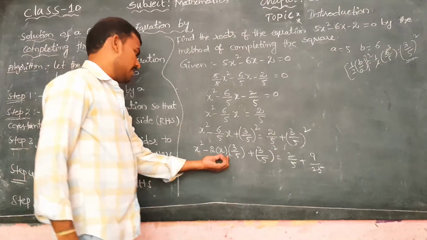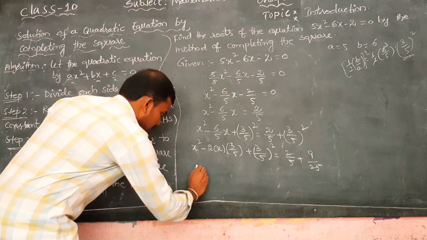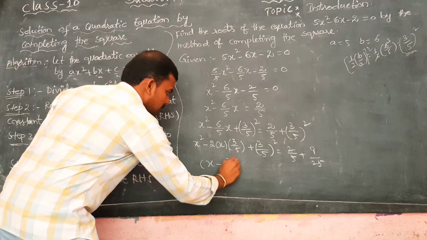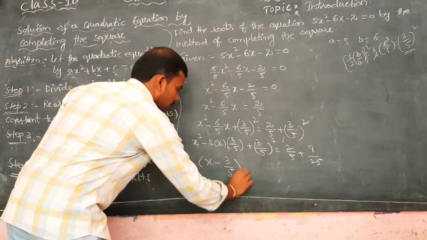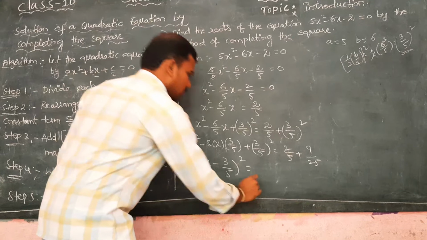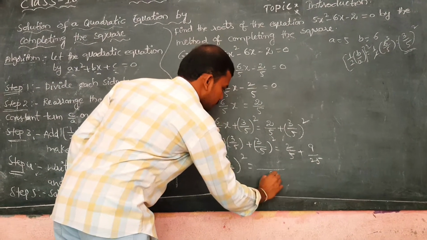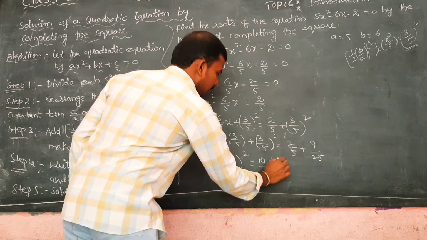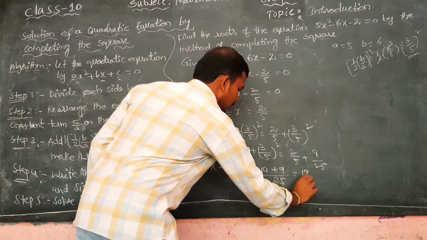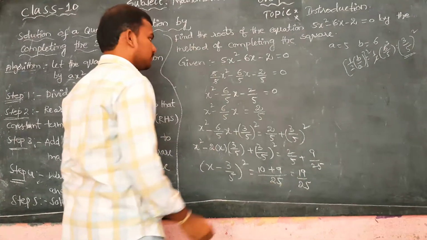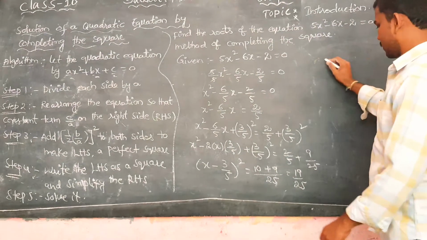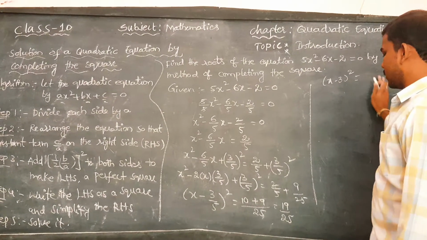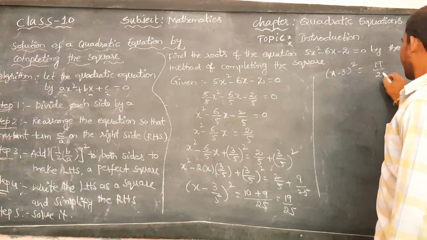Here a square minus 2ab plus b square becomes a minus b whole square, that is x minus 3 by 5 whole square, equal to, here LCM is 25, so 10 plus 9, that is equal to 19 by 25. So x minus 3 by 5 whole square is equal to 19 by 25.